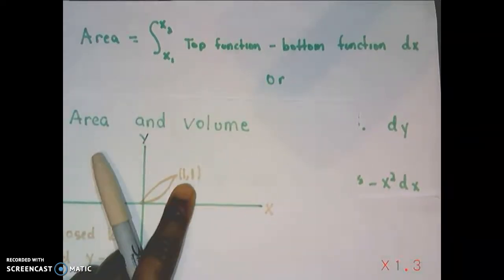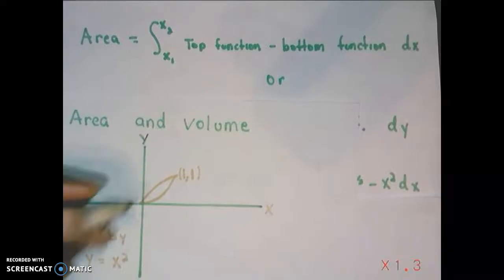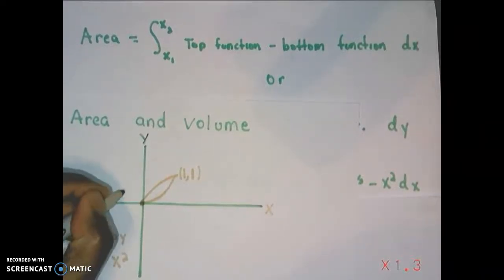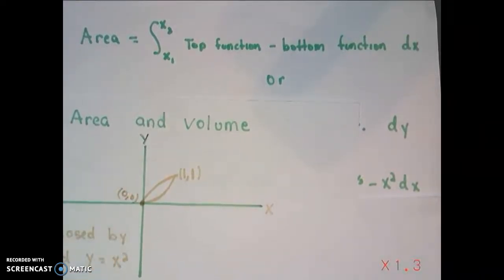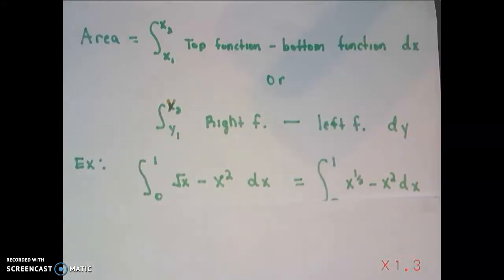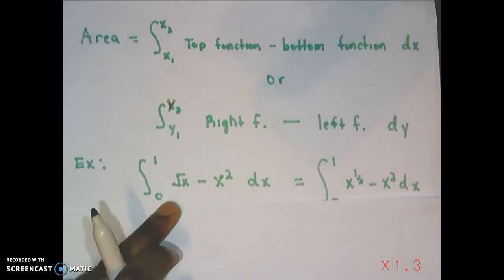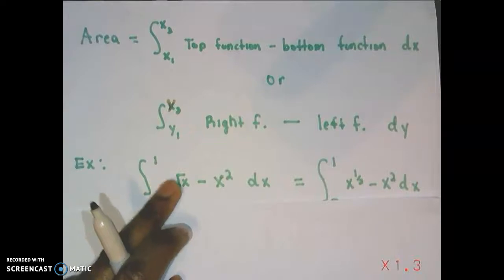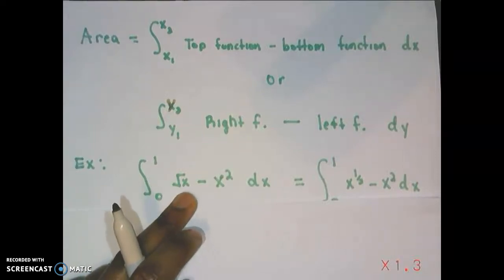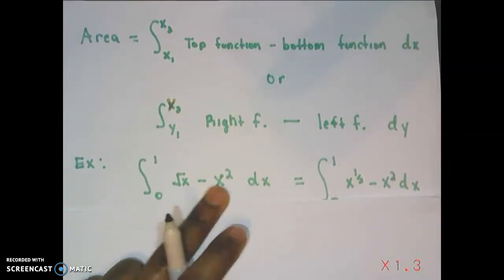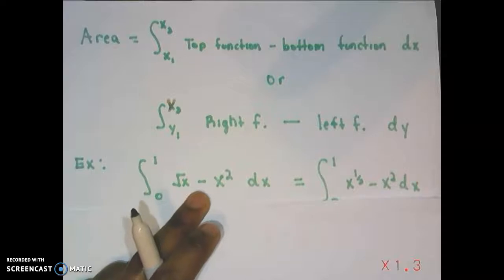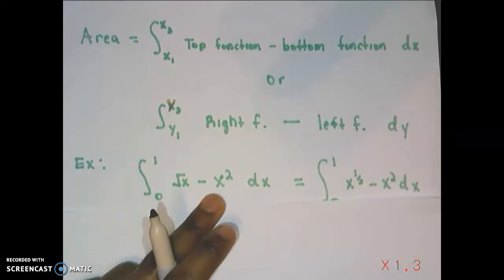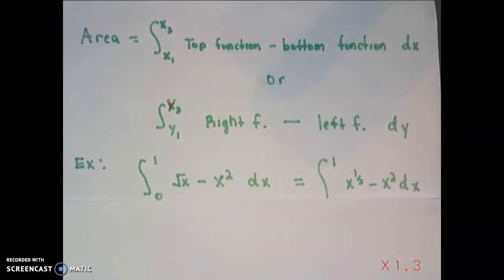This point of intersection is (1, 1), and of course, we have this point of intersection here, which is (0, 0). So we're going to be integrating from 0 to 1. Again, our top function is the square root of x, and our bottom function was x squared. So that's where we get the square root of x minus x squared, because it's top function minus bottom function.